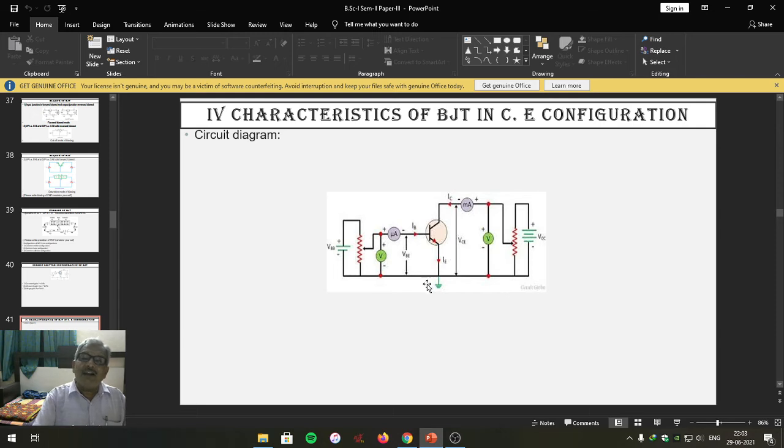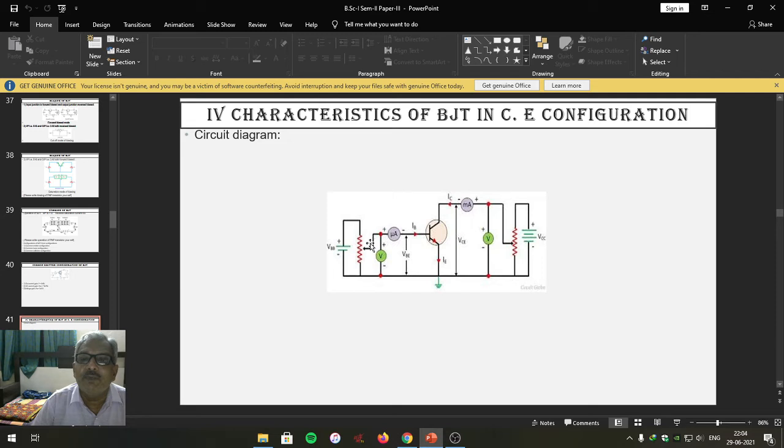The BJT is biased by using the power supplies VBB and VCC. This is the power supply that is used to forward bias the base emitter junction. The transistor is NPN type. Base is of P type.